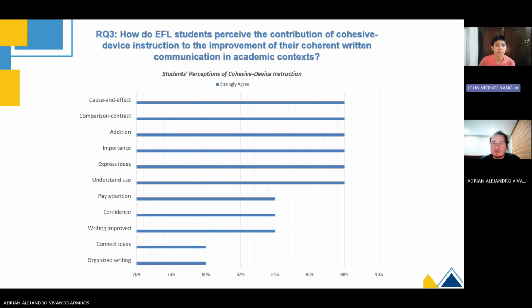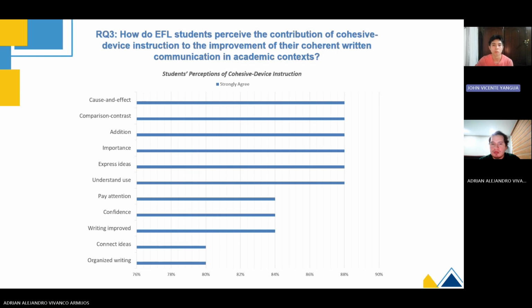Another important finding involved students' confidence. 84% of the participants strongly agreed that they felt more confident when writing in English because they knew how to connect ideas more effectively and organize their texts more logically.